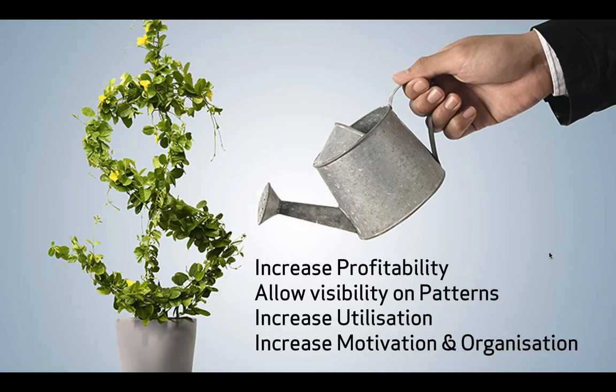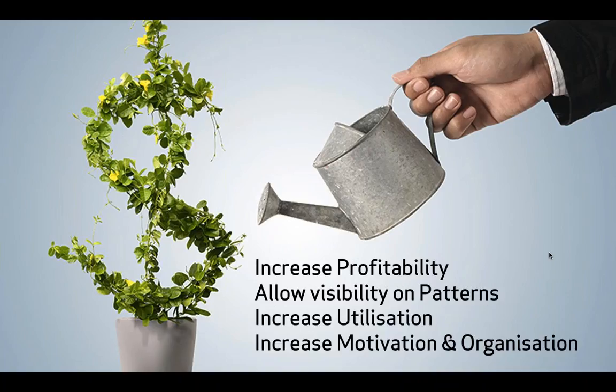So, just to quickly summarize the benefits of what we've been through, I'm sure they're pretty self-explanatory anyway. Like I said right at the beginning, the first thing is, what do you want them for? It's all well and good keeping track of them, but then also doing something about them is just as important.